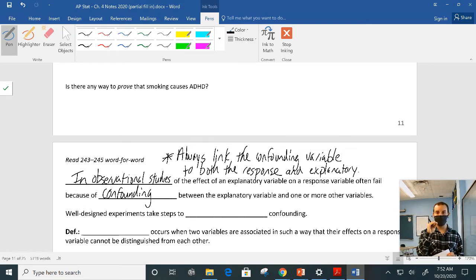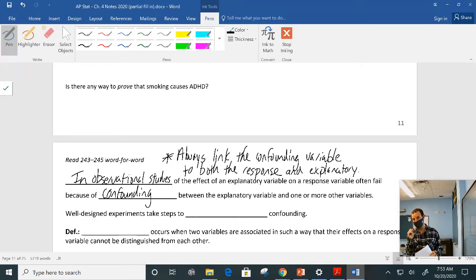When I discuss that confounding variable, I have to link that to both the explanatory and the response. So in this case, my explanatory variable, number of pillows, the response, what I'm measuring at the end, hours slept. When I describe that confounding variable, I want to say something like, the size of bed may be a confounding variable because people with a larger size bed may also have a higher number of pillows on their bed.